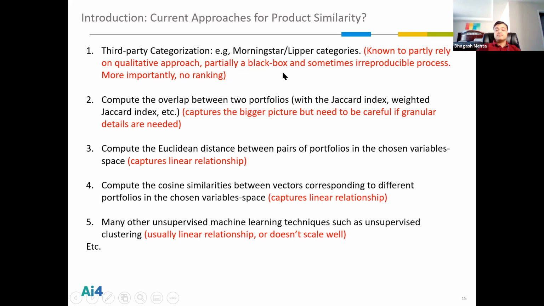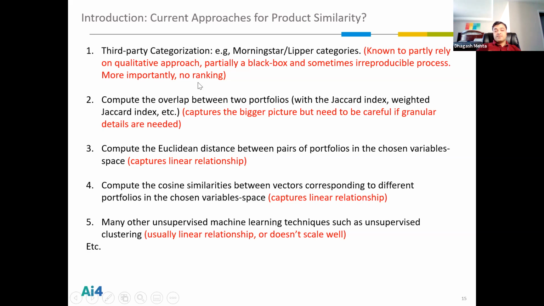Sometimes people have also found that certain categories might not be reproducible given all the data. So if you just do some data driven approach, you might come up with some different categories than the categories that these expert committees have assigned to specific mutual funds.